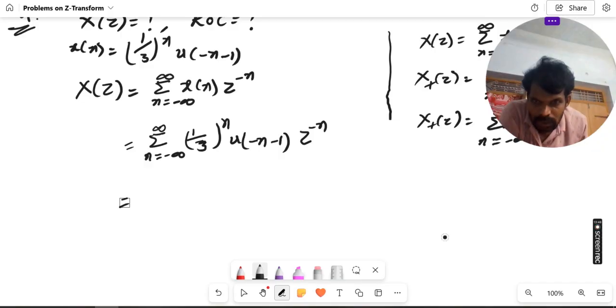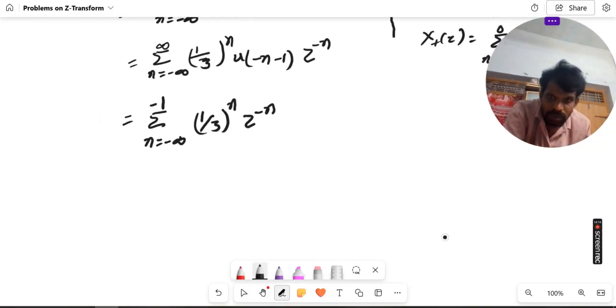This one is simplified as summation n is equal to minus infinity to minus 1 of (1/3)^n into z to the power of minus n.